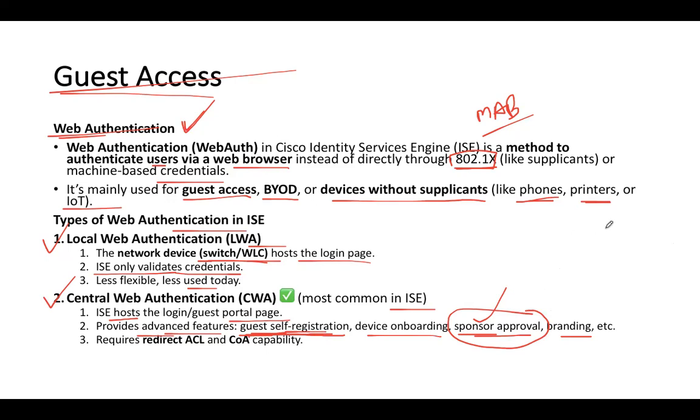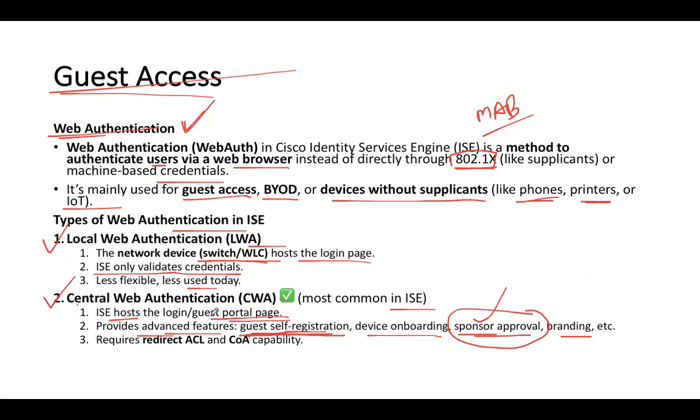The sponsor, on behalf of the guest, creates the account and sends the credentials and details to the user. As soon as they connect to the network, they use those credentials to connect. That's how ICE hosts the guest portal page, and how the guest can use it for self-registration or account creation.